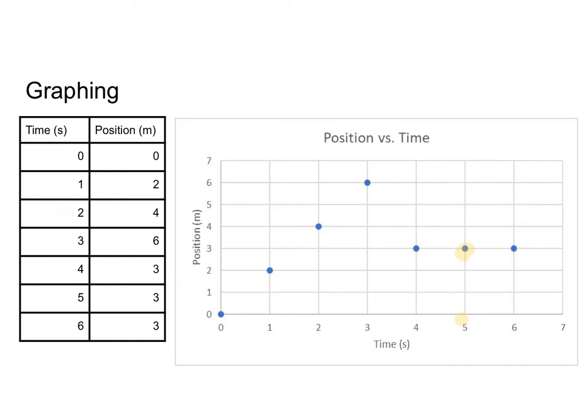You should be able to do this, so I'm not going to go over how to draw these graphs. When I create a position versus time graph, I want to connect those dots. I'll try to do that as cleanly as I possibly can, like so. And that is simply how I'm going to graph position versus time.